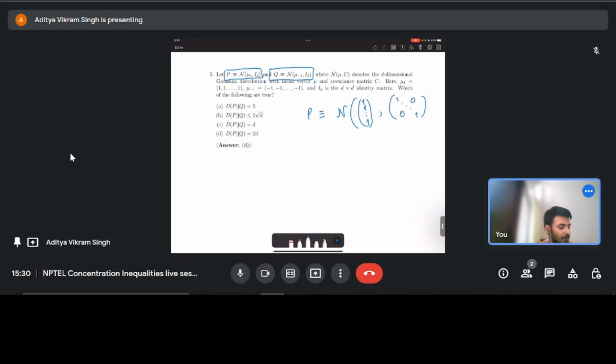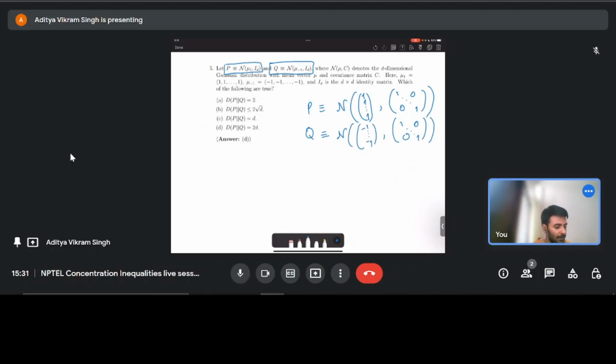And Q is the all minus-ones vector, -1, -1, and again the identity covariance matrix. These are d-dimensional vectors, and the matrix is d cross d.